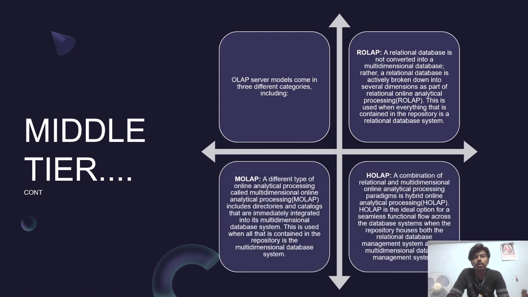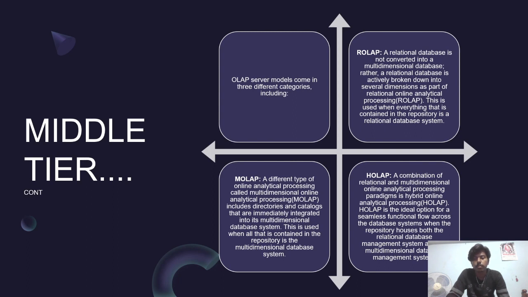ROLAP: a relational database is not converted into a multidimensional database. Rather, a relational database is actively broken down into several dimensions as a part of relational online analytical processing, ROLAP. This is used when everything contained in the repository is a relational database system.